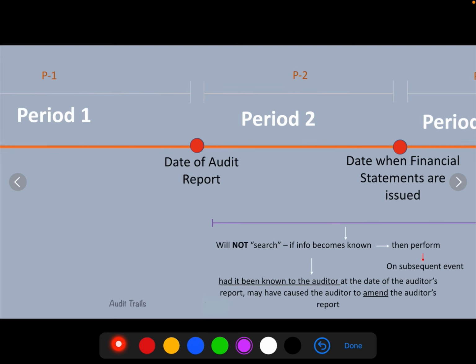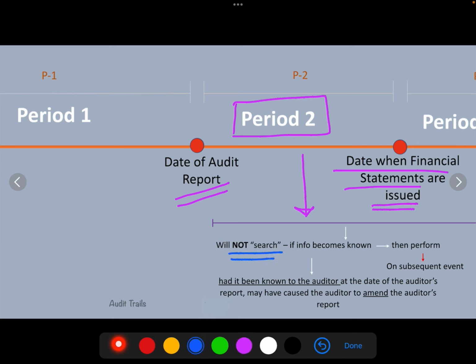Moving on to our period 2, that is the time period between the date of the audit report and the date when the financial statements will be issued for the general public. During this time, the auditor will no longer have an active duty to search for any subsequent events because obviously he already has signed his report.